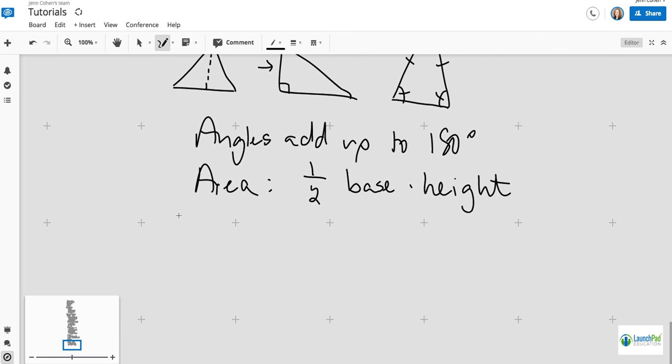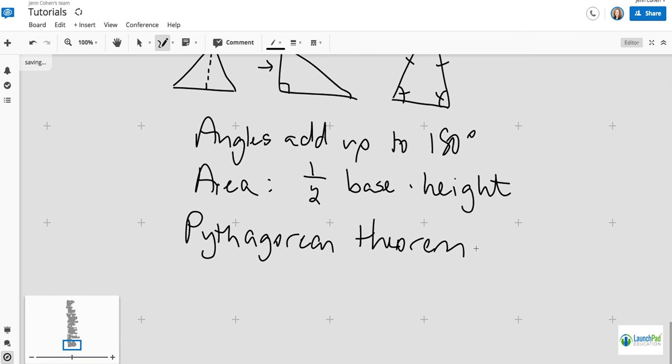Formulas that have to do with triangles: the Pythagorean theorem, which everyone probably remembers, but it may not always occur to you to use it. It only works for 90-degree angle triangles, so a right triangle is the only type of triangle you can use the Pythagorean theorem on.